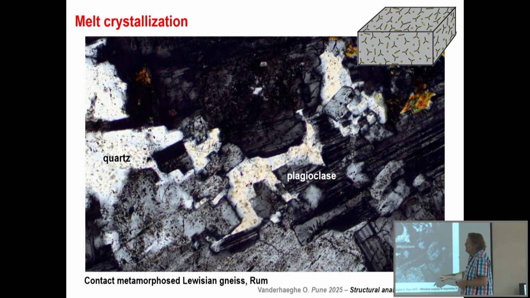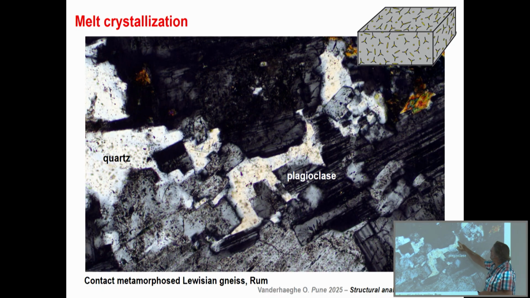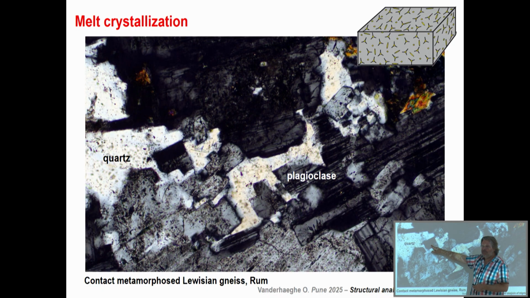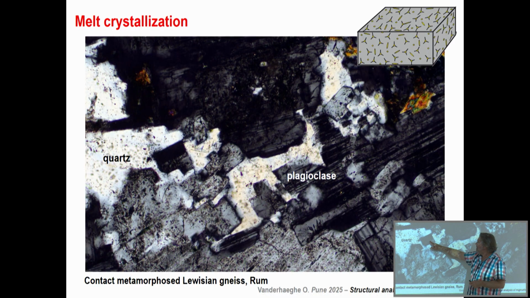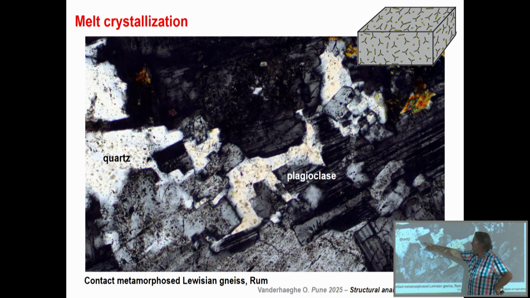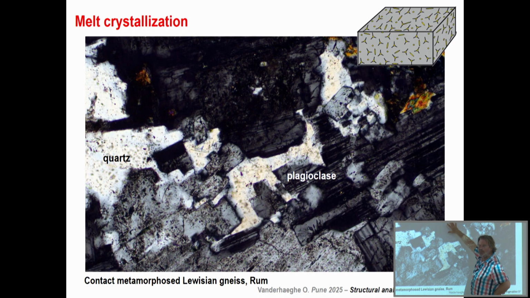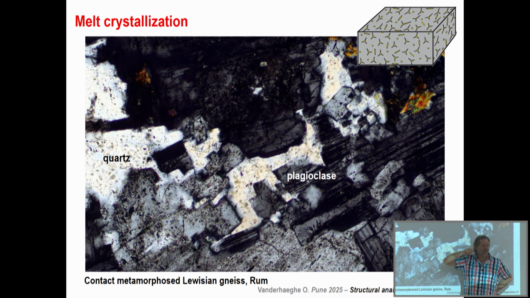Another example with quartz. And here it's interesting because you have quartz and plagioclase. What might be the status of this plagioclase? It looks fairly euhedral. So my interpretation would be to say that this plagioclase also crystallized from the melt with the quartz. And probably this plagioclase might be residual from the rock that was molten.